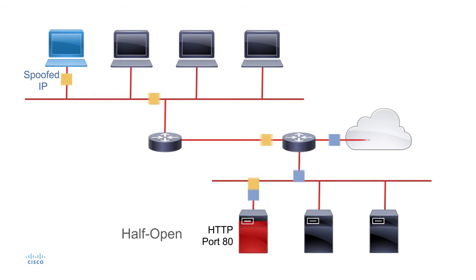If enough of these requests are made, then eventually the server runs out of memory resources and can't service real hosts. Initiating attacks from a legitimate source address is a quick way to be located and shut down, and that's why spoofing is so common. So direct attacks, not really a popular method for attackers.